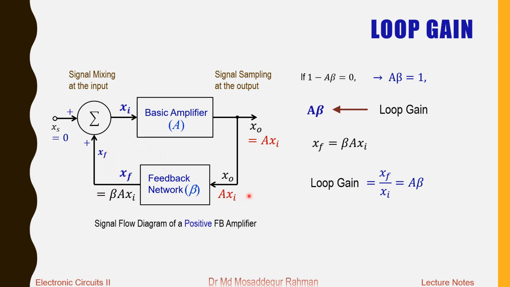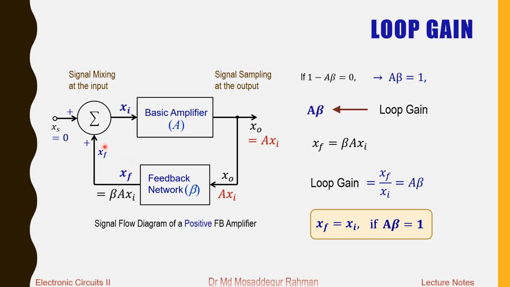Now what if A beta is set to 1? If A beta is set to 1, then Xf becomes Xi. These two must be the same.